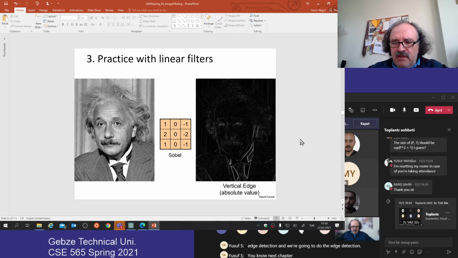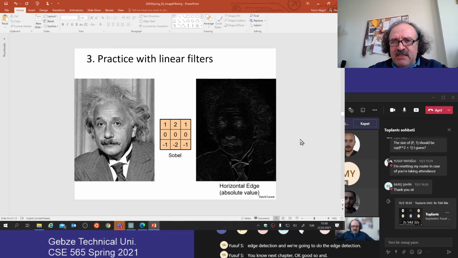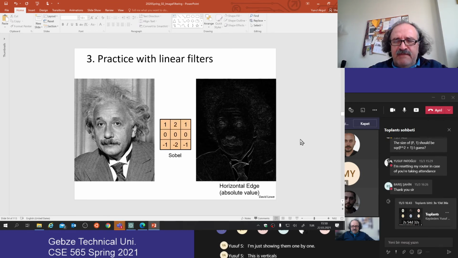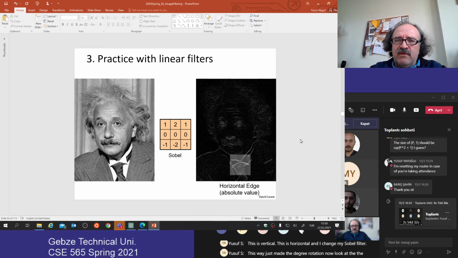Okay, good. And this is the horizontal edge. I am just showing them one by one. This is vertical, this is horizontal, and I change my Sobel filter this way, just a 90-degree rotation. Now look at the edges of the shirt.